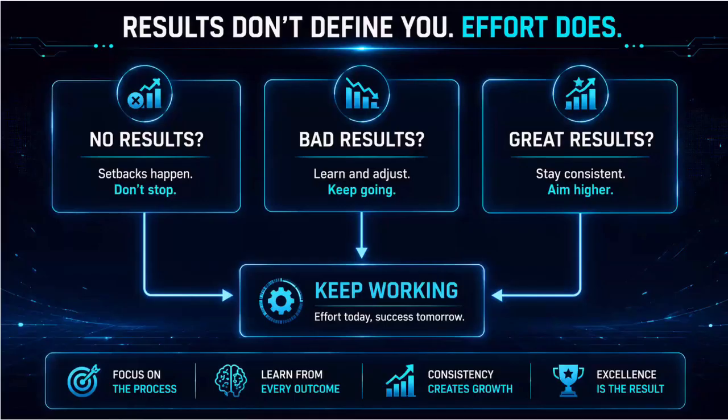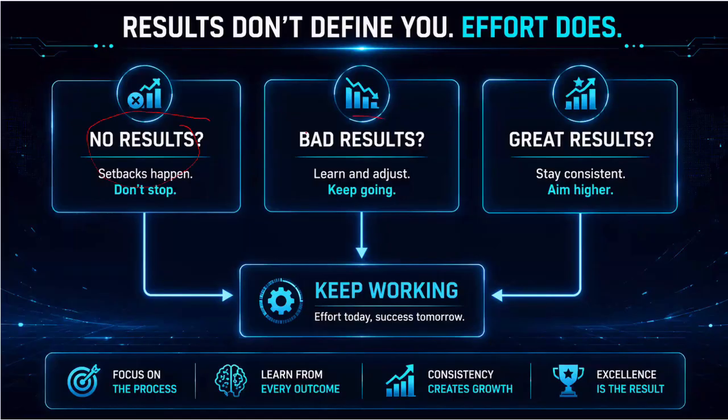Friends, this is one of my favorite success diagrams because it's very simple but very powerful. It shows that no matter what result you get, the answer is the same: keep working. If you don't get results, don't quit. It simply means you need more time, more effort, or maybe a different approach.